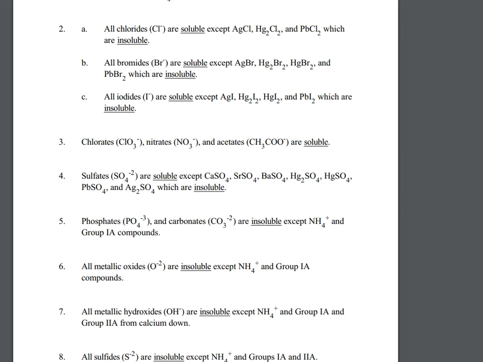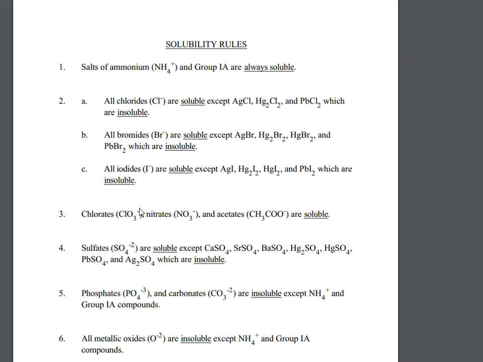And here is a solubility chart, maybe something similar to what you would see in a general chemistry course. So let's talk about these for a minute, just so that we can get our bearings. Up here at the top, it says solubility rules. Number 1, a salt of ammonium, NH4, and group 1A are always soluble.